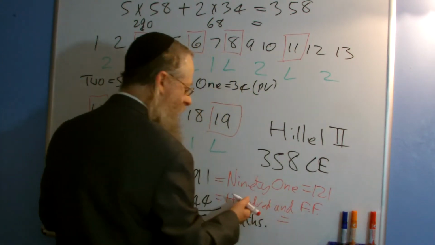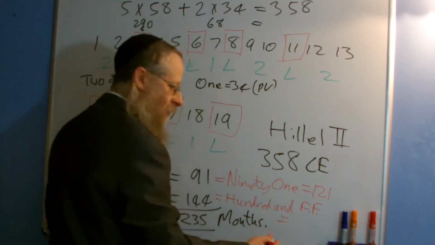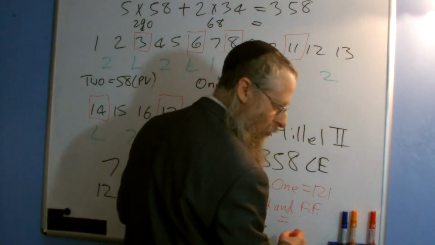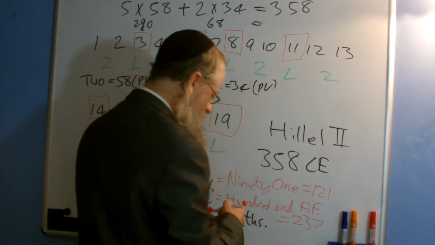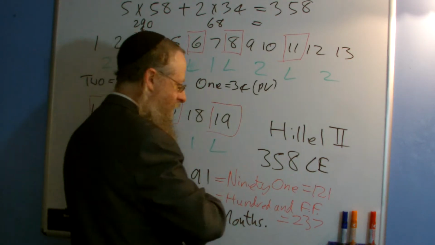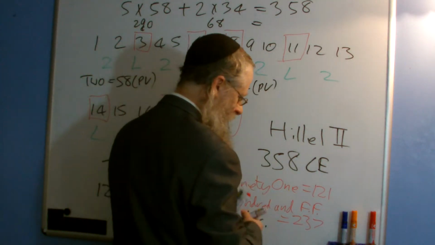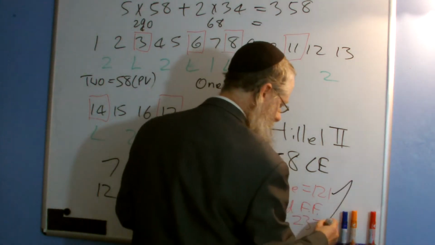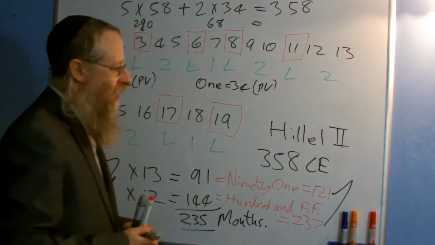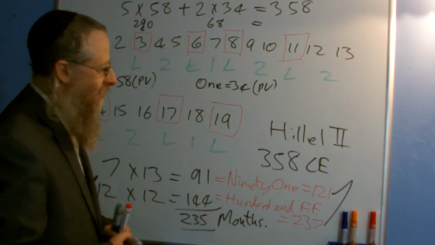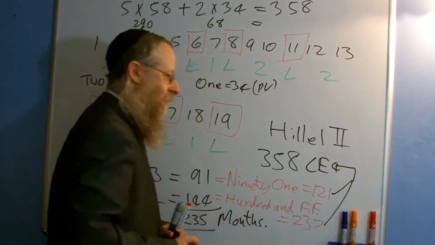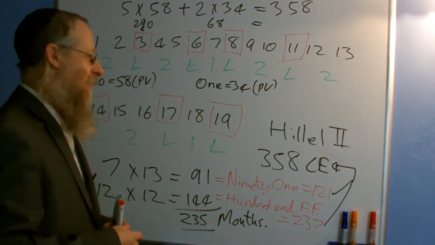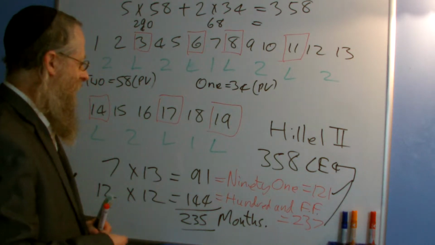If you work that out, 144, you'll find it equals 237. And if we add those two numbers together, 121 and 237, you'll find it equals 358. Very strange, isn't it?